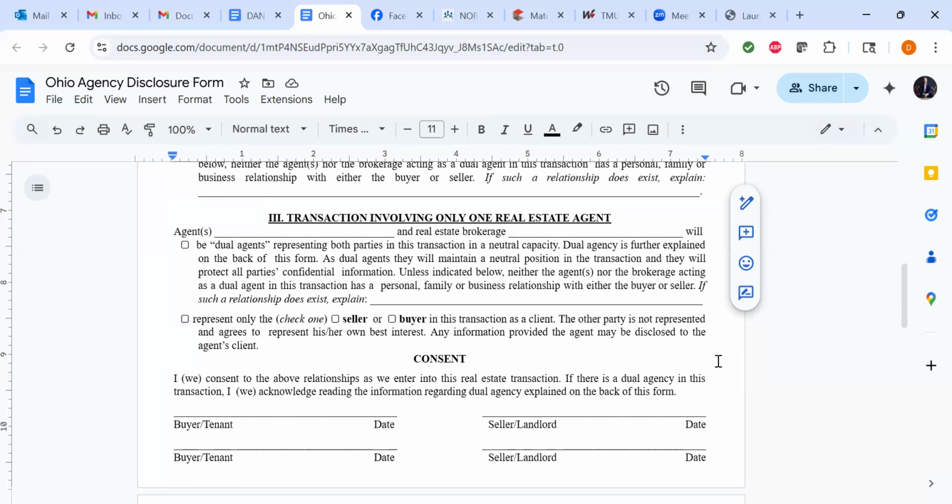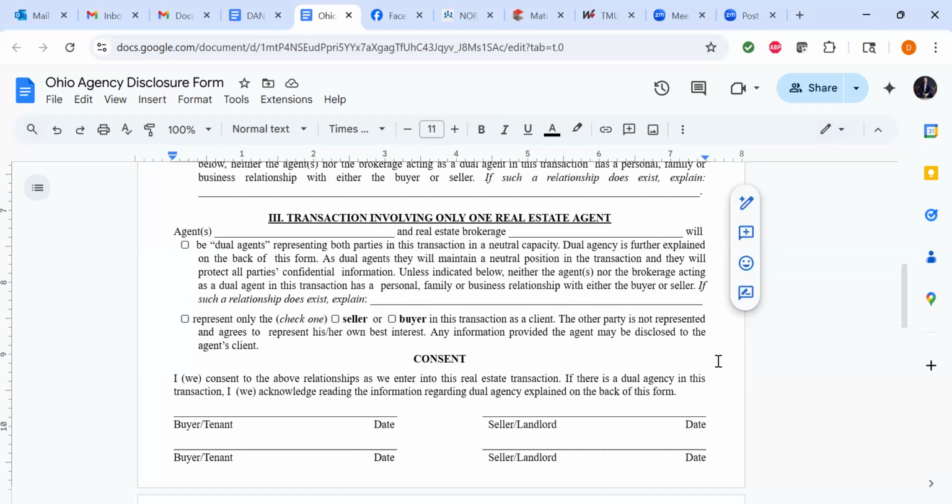Now, if you do have a relationship with one of the parties, like they're a family member, a business relationship, or anything like that, boyfriend, girlfriend, husband, whatever, you need to disclose that. So you would check dual agent, and then underneath, disclose any material relationships you have with either party, so everybody's on the same page.